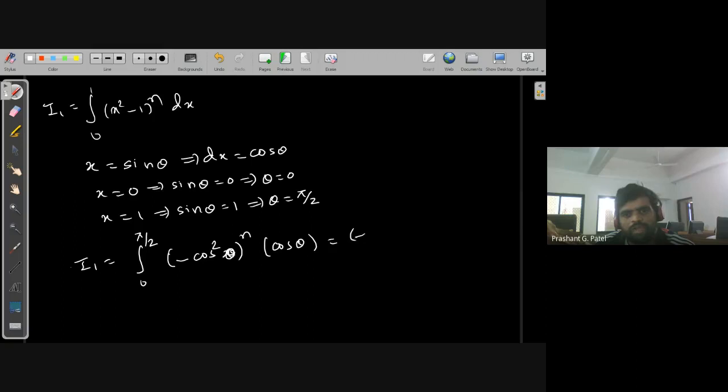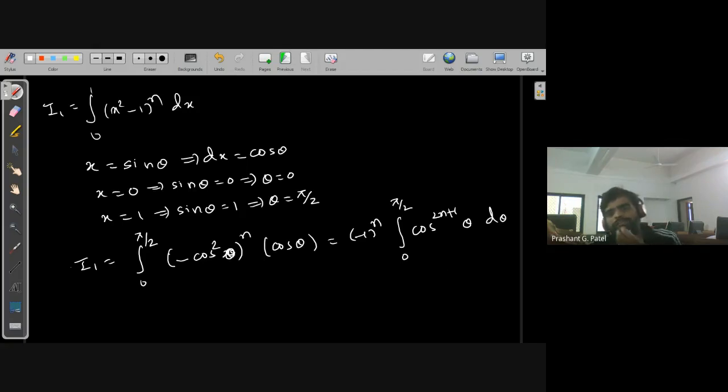So this is minus 1 raised to n, 0 to pi by 2 cos raised to 2n plus 1 theta d theta. This is the quantity we got.